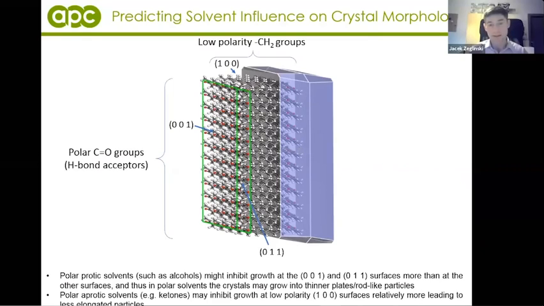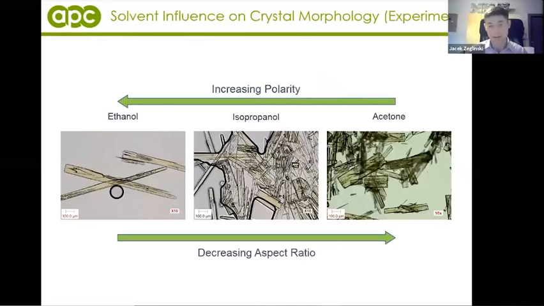On the other hand, they could allow growth perpendicular to the 100 surface, because ethanol, methanol, alcohol molecules wouldn't be interacting here too much. And then we found some confirmation of this. This is very preliminary.